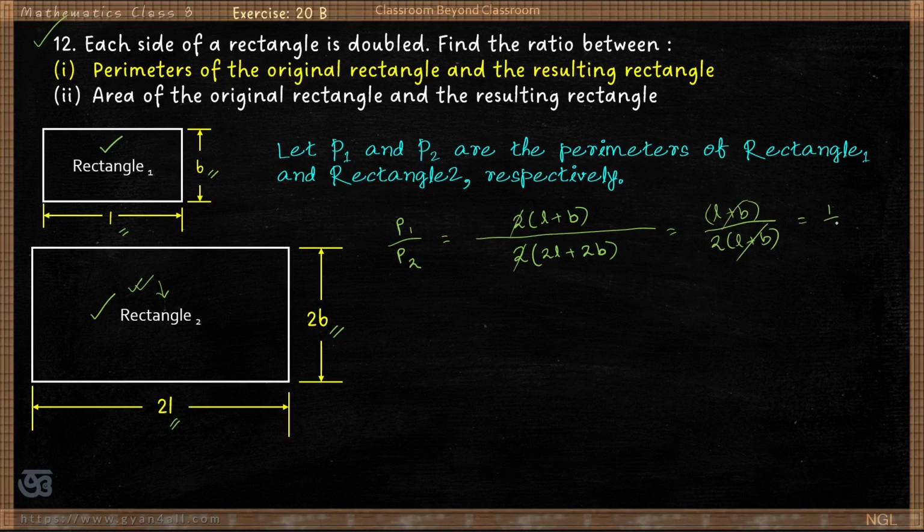So this is equal to 1 by 2. So P1 is to P2 is equal to 1 is to 2. This is number 1, the ratio of the perimeters of the original rectangle and the resulting rectangle.